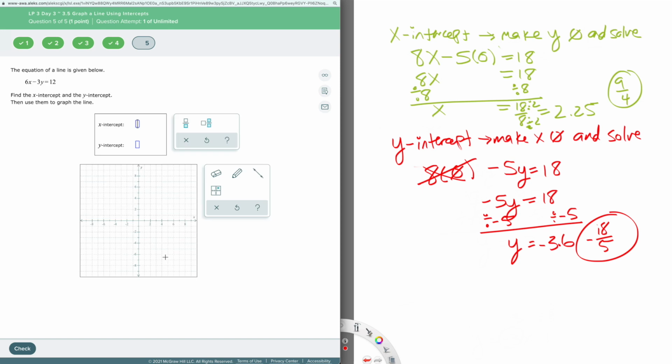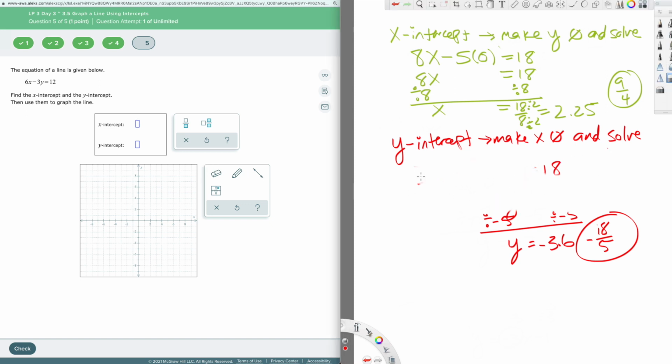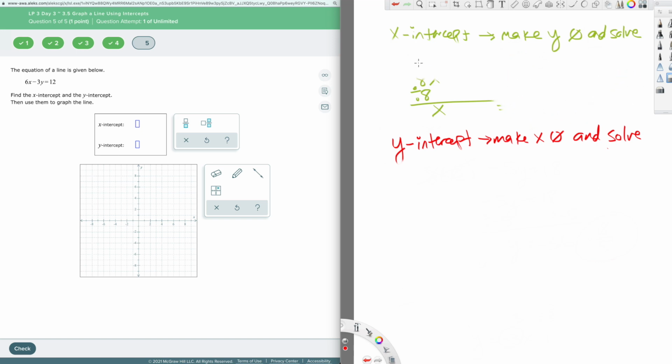So the equation of a line is given below. Find the x-intercept and the y-intercept, and then use them to graph the line. So we're going to do the same thing we've been doing over here. So I'm going to erase this stuff. I want green. All right, so we have 6x minus 3 times 0 equals 12. And again, I'm just using this equation they gave me here.